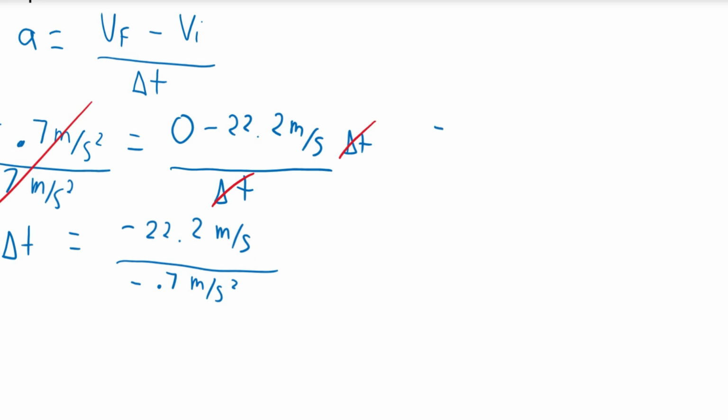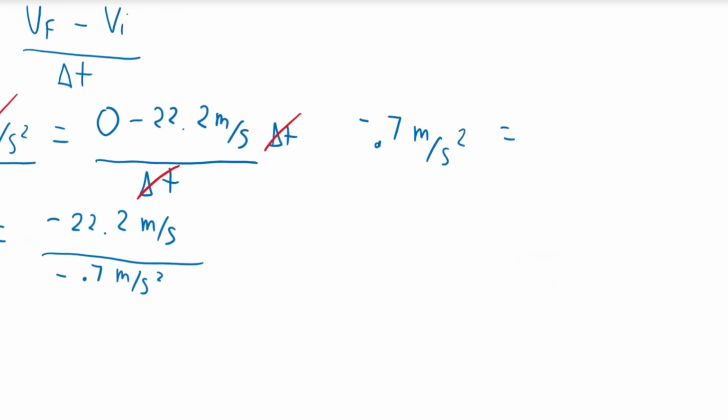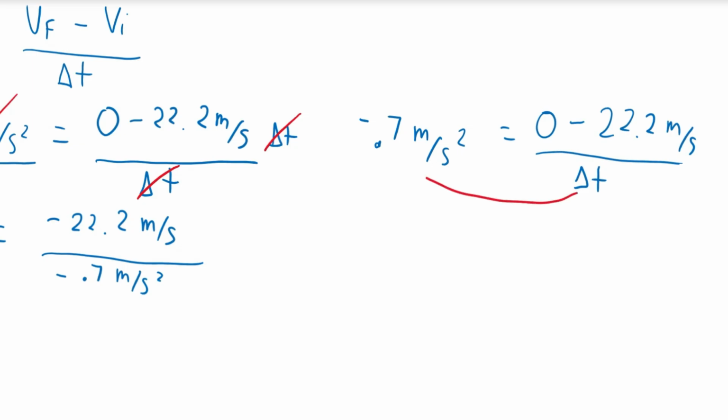Negative 0.7 meters per second squared is equal to 0 minus 22.2 meters per second divided by delta t. So notice this, I can just swap these two.